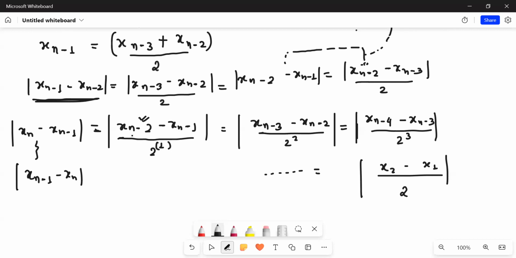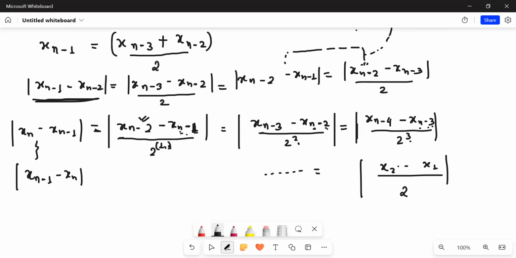In all of these terms, if you just observe, whatever you are subtracting from n, you can see as a power here. Whatever you are subtracting from this, you're seeing as a power here.